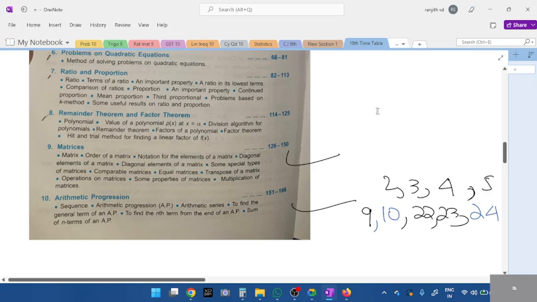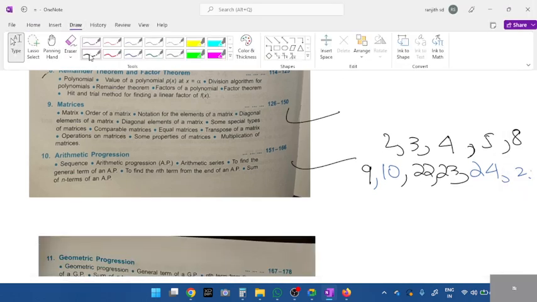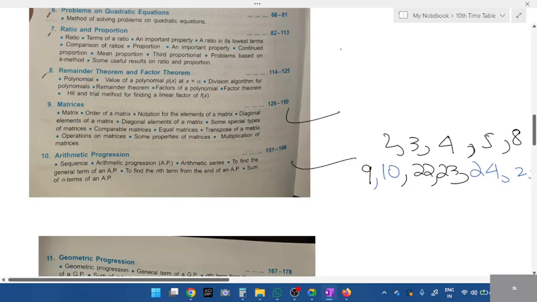All of you remember remainder and factor theorem? Tell me the formula, Naomi. What's the formula? Very good.